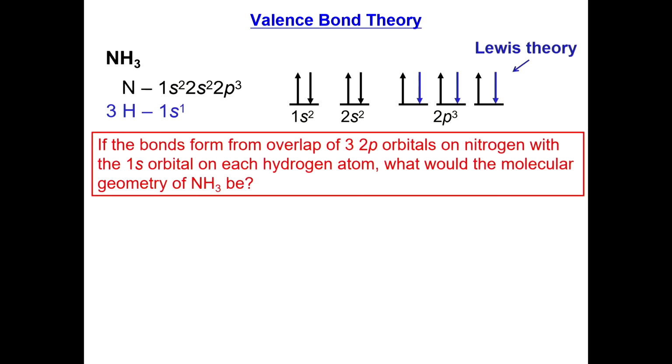Now the question is, if the bonds form from overlap of 2p orbitals of nitrogen with the 1s orbital on each hydrogen atom, what would the molecular geometry of NH3 be? Think about this question.